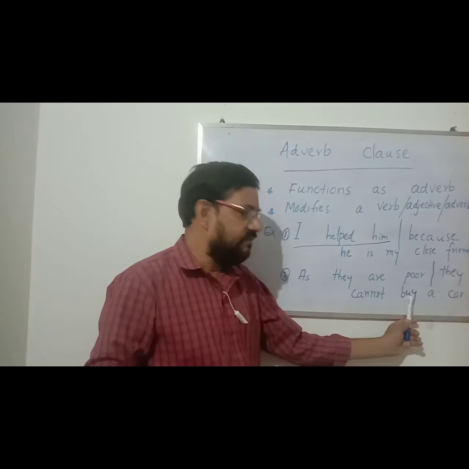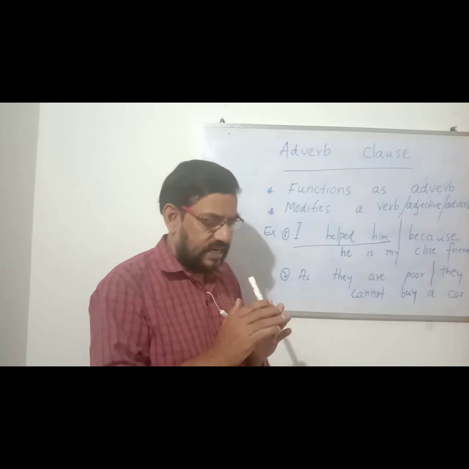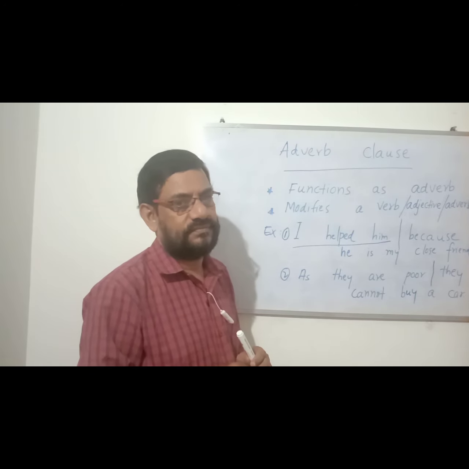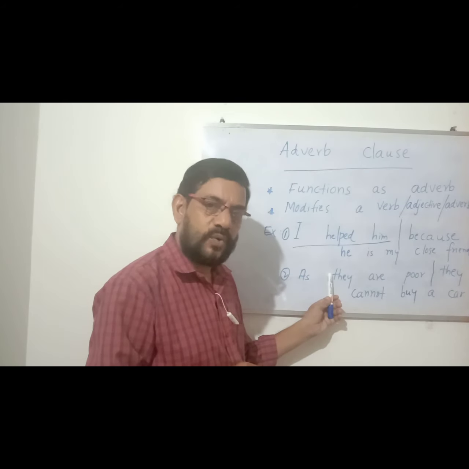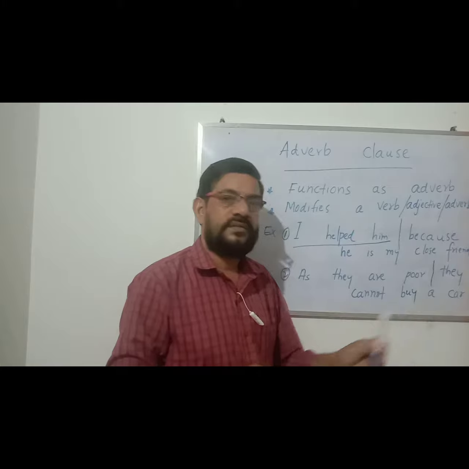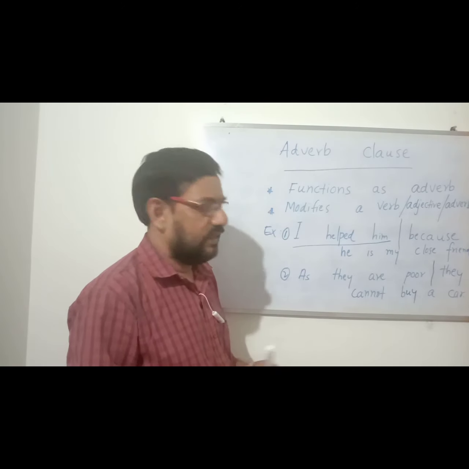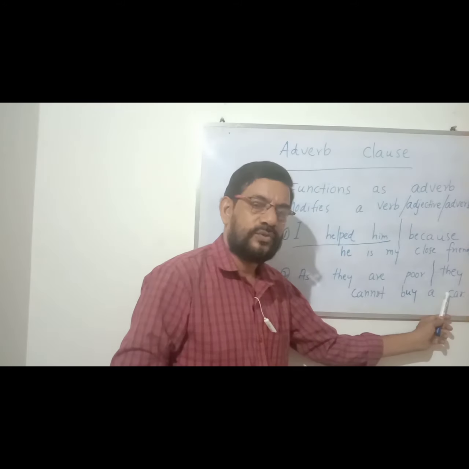So the verb is modified or further reinforced with another piece of information. That information is passed using an adverb clause. So "as they are poor" is an adverb clause. Here the adverb clause comes first in this sentence and the main clause later.